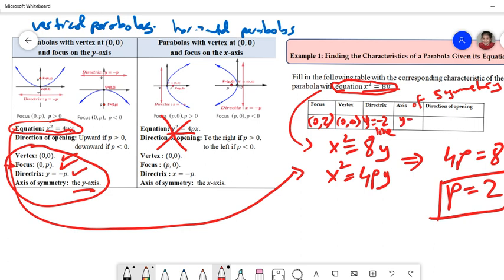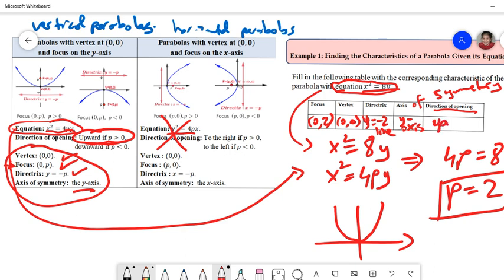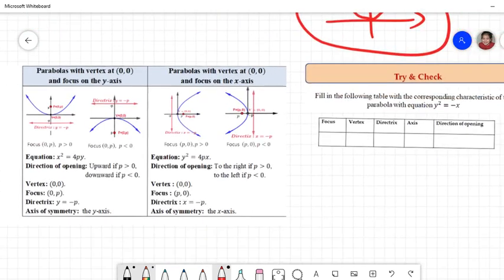This is a vertical line, so it will be the y-axis. Now the direction of opening will be upward because p is bigger than 0. So it will be this type of parabola.